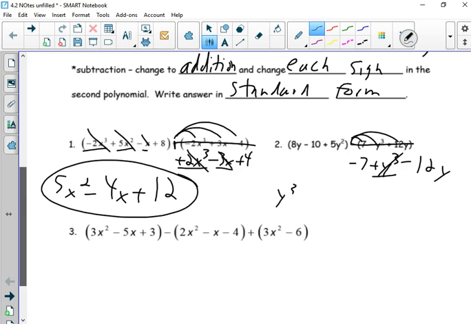X squared, I've only got 1x squared, y squared. Y's, I have 8y minus 12y. That's negative 4y. You have $8, you owe $12. I can only pay you 8, I'll owe you 4, negative $4. And then numbers, I have a negative 10 and a negative 7. That's negative 17.